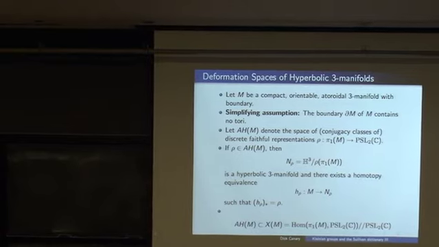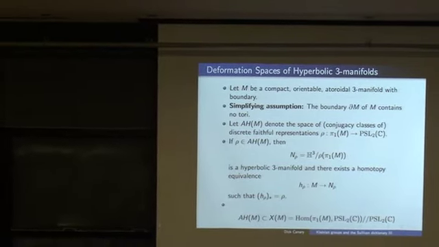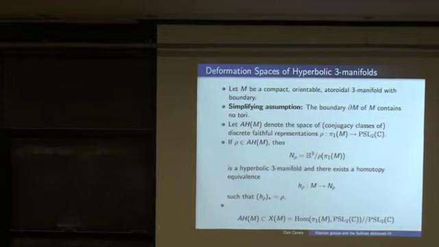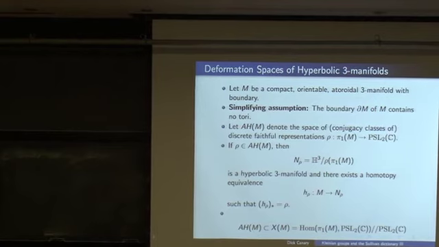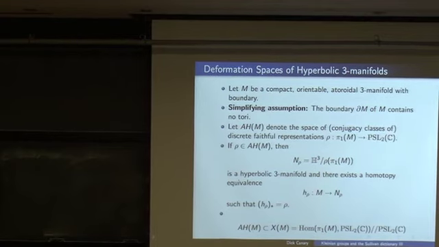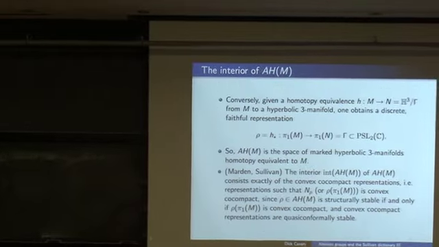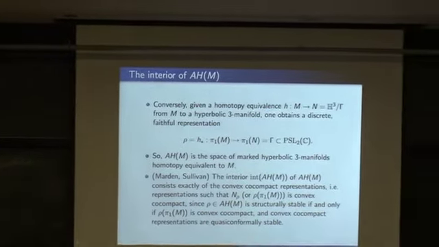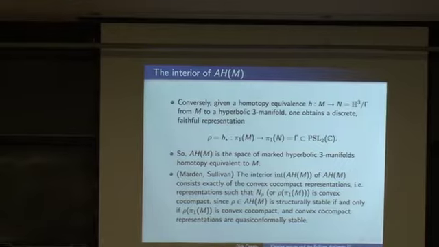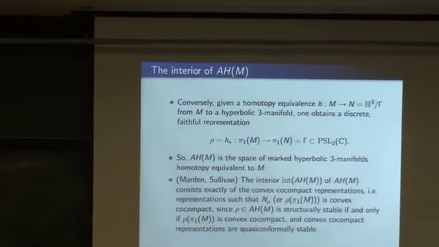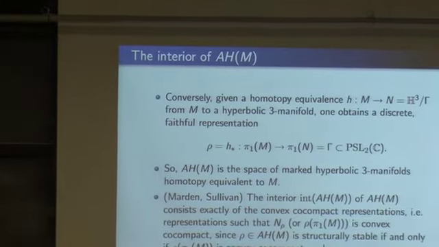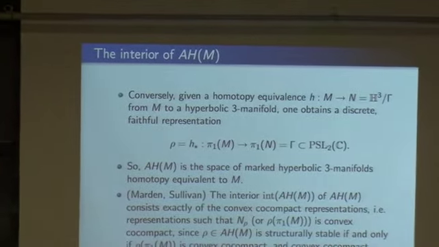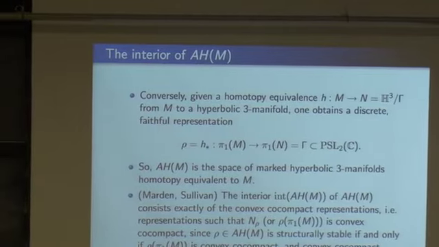Down here, if you want to put a topology on this space, it naturally sits within what's called the character variety, which is essentially discrete faithful representations up to conjugacy. And if you start in the other direction, if I have a marked hyperbolic 3-manifold, which is some hyperbolic 3-manifold N and a homotopy equivalence h from M to N, that hyperbolic 3-manifold is the quotient of H3 by some subgroup of PSL2C.